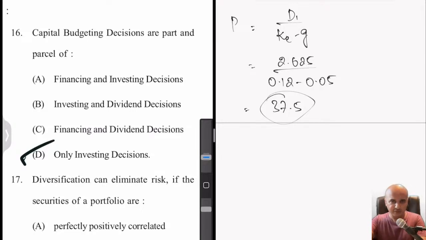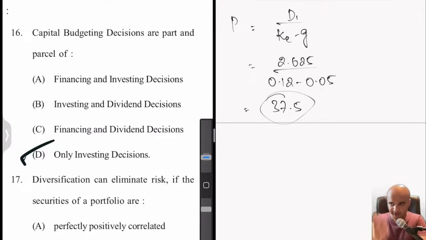It will be usually for 3-4 years or maybe 5-6 years also. And this process usually involves estimating future cash flows, considering factors such as initial investment cost, operating cost, expected revenues, what is the salvage value. And by analyzing all these cash flows, companies can usually assess the potential profitability and value of the investment. So therefore, we say capital budgeting is part and parcel of only investing decisions.